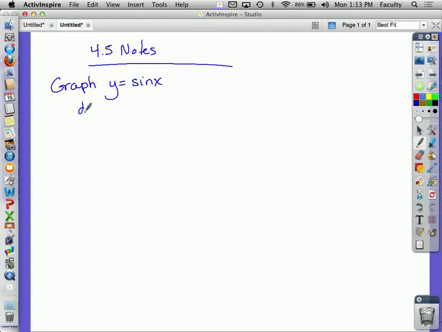Alright, so we know that the domain of sine is all real numbers, and the range is from -1 to 1. We're going to use the unit circle to help us plot the 5 main points.